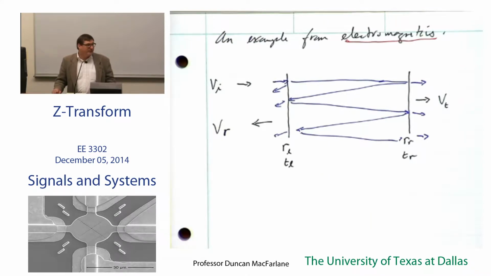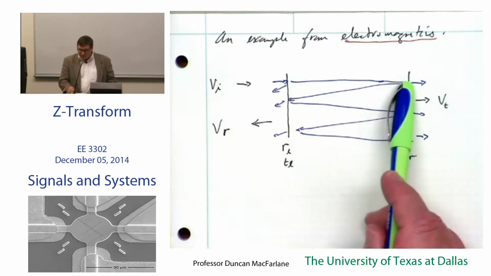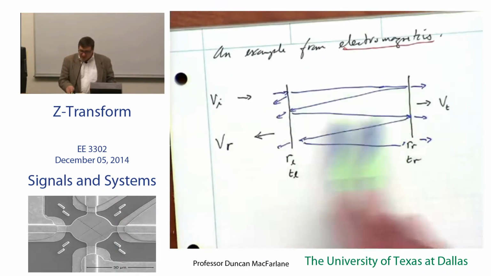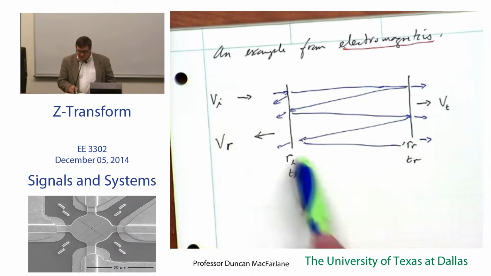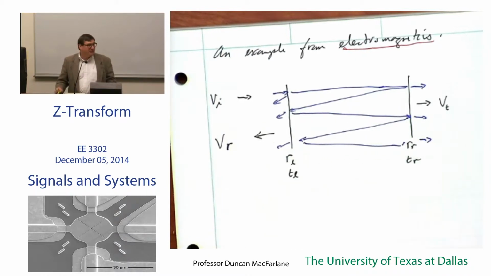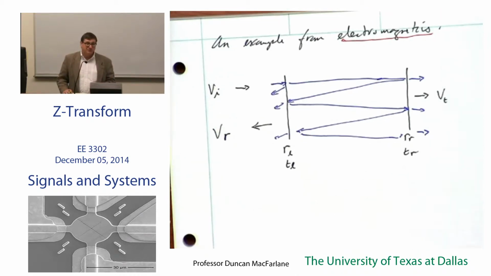Remember what I said is what a filter does is it splits your signals, weights them, and delays them, and puts them back together. Well, that's exactly what's going on here, right? It's splitting your signal, it's delaying your signal, it weights your signal by those coefficients, and so this block of glass is a filter structure, or the transmission line with improper terminations is a filter.